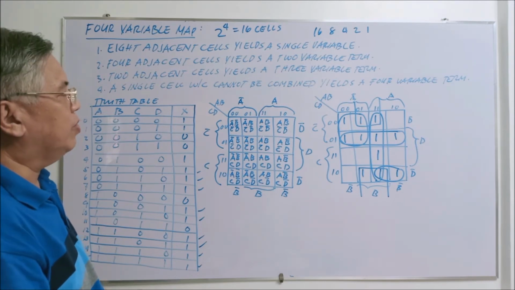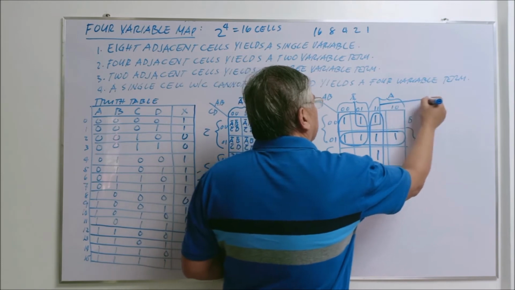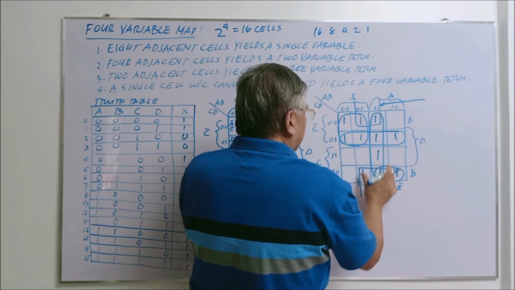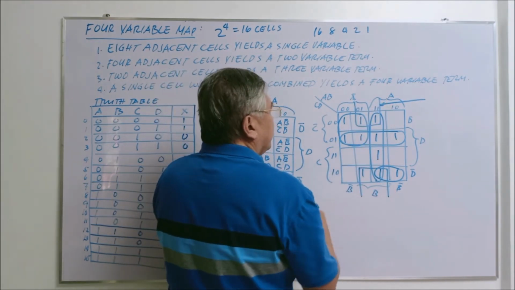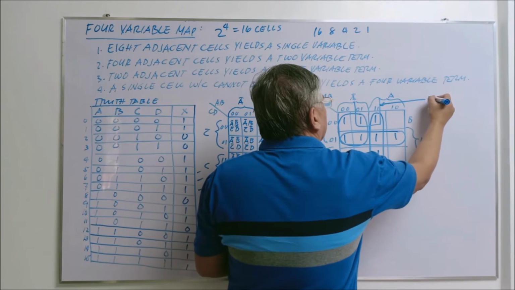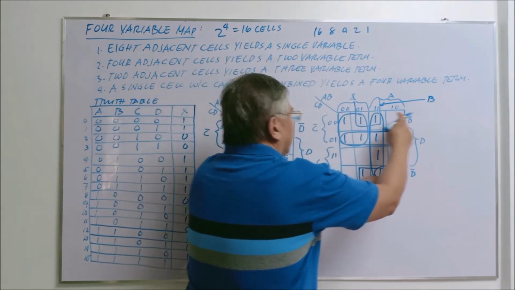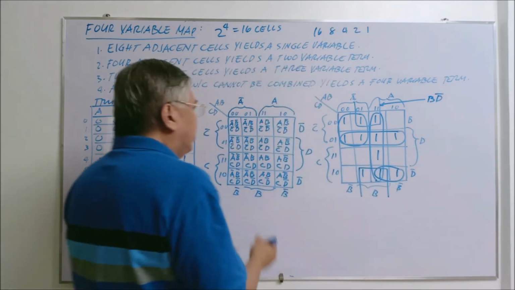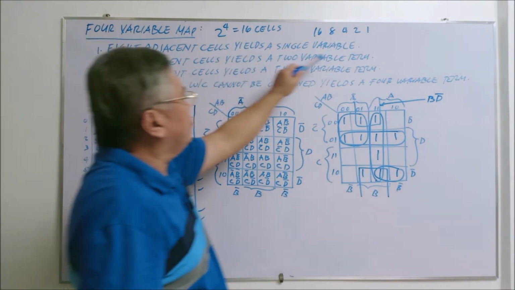Okay, so what will be our equation? So for this particular group, 4 adjacent cells, this one here and this one, this belongs to what? This is under D, and then under D bar. Okay, so it says here 4 adjacent cells yields a 2 variable term.